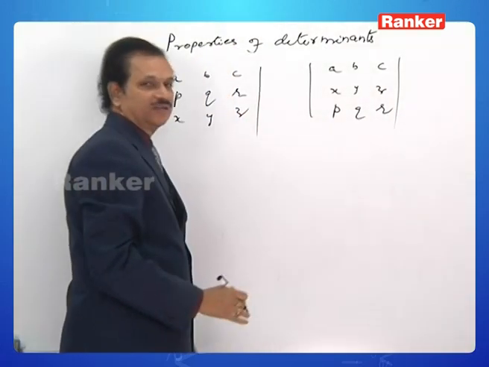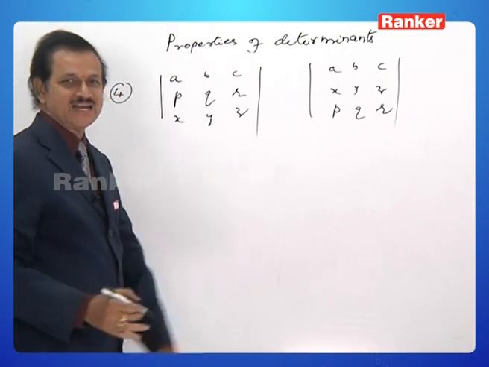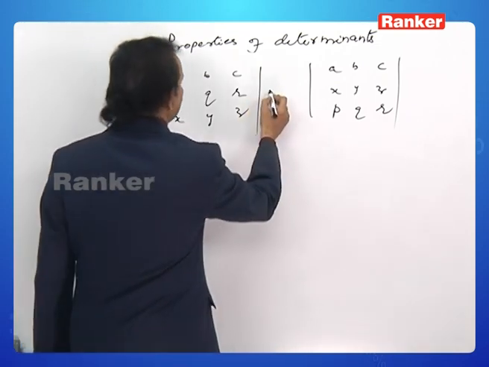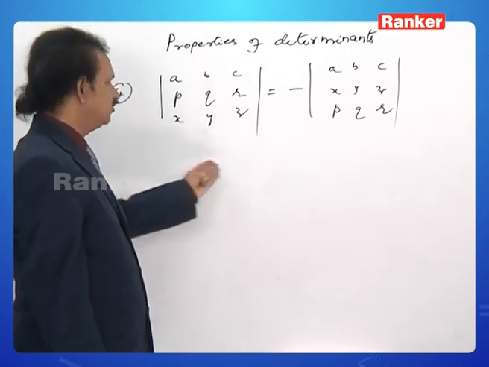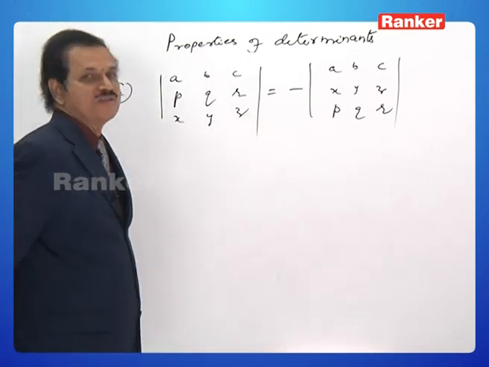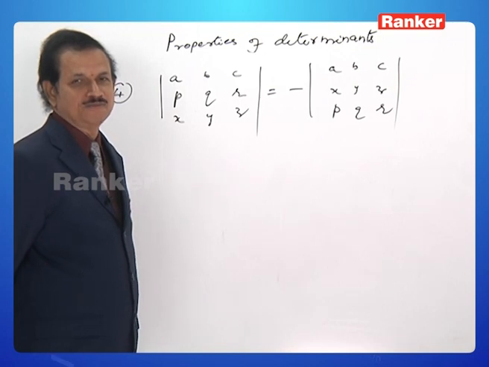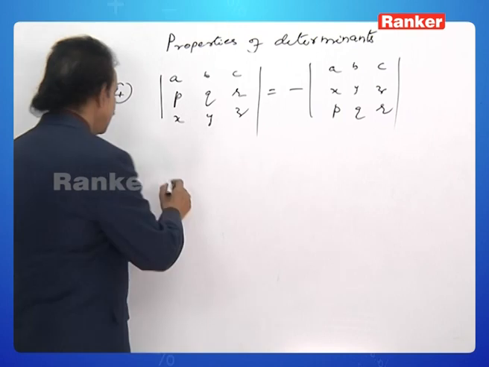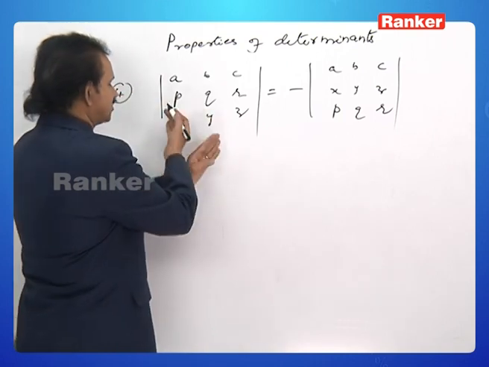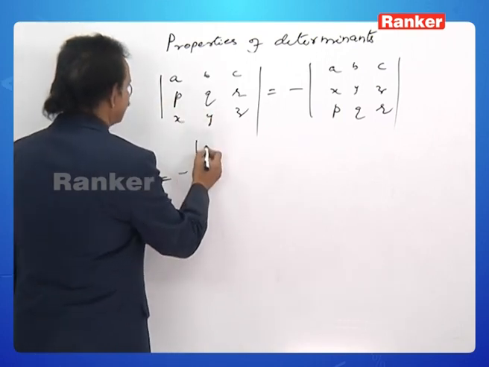The next property says that if any 2 rows or any 2 columns are interchanged, then the value of the determinant gets the opposite sign. Here, suppose I have interchanged the first column and second column. What happens?